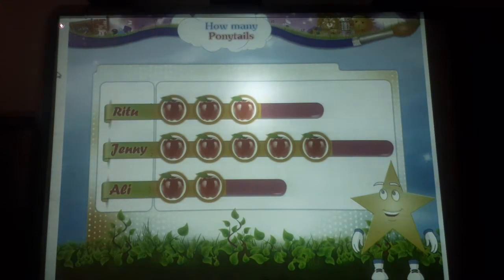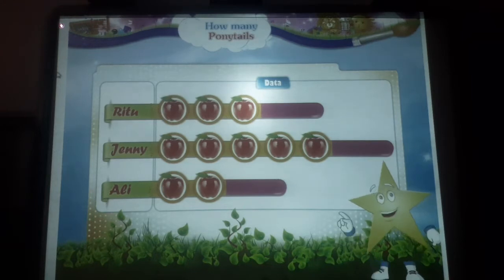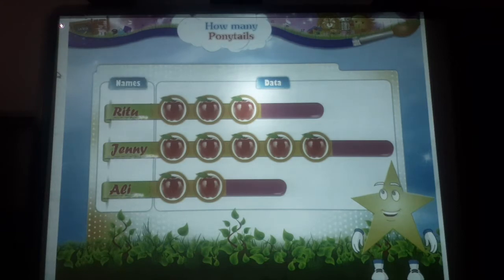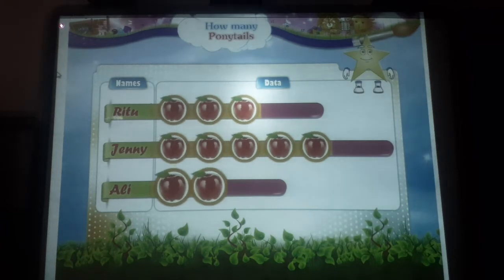Hey, Starry. This is the data given in pictures. Let us read this data. The chart shows the names of some children and there are some apples at the side of each name. The first child is Ritu.